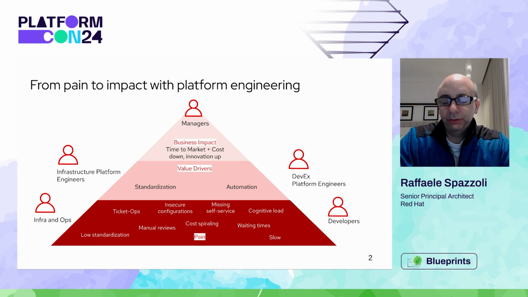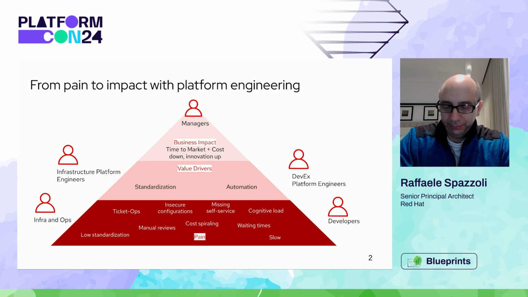Very often a lot of cognitive load is dropped on them, so it's very hard for them to use the technology effectively. Low standardization, slow processes. So, how do we solve all of these problems? The answer is typically more standardization and more automation.